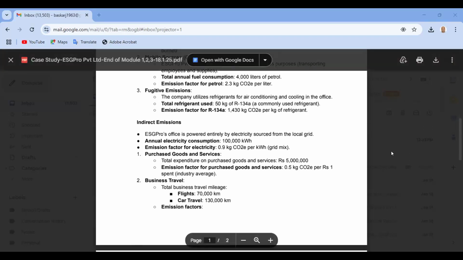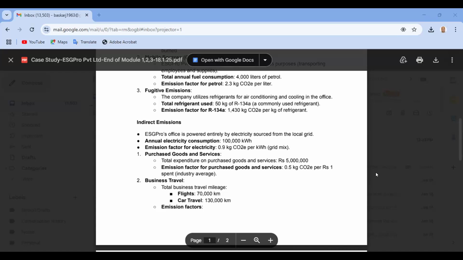Fugitive emissions: the company utilizes refrigerants for air conditioning and cooling in the office. Total refrigerant used is about 50 kg of R134A, a commonly used refrigerant. Emission factor for R134A is 1,430 kg CO2 equivalent per kg of refrigerant.